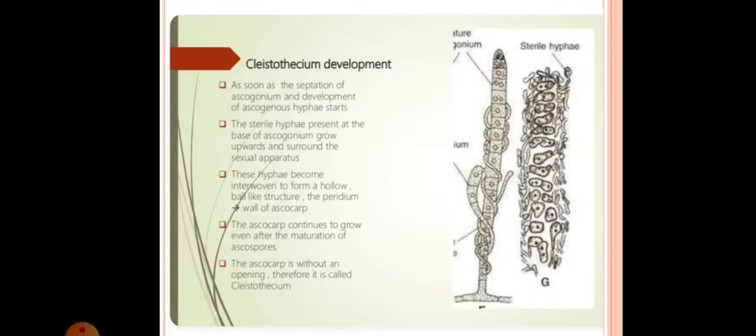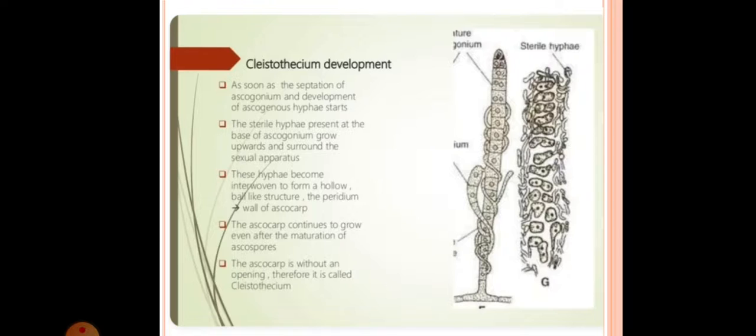The next is cleistothecium development. So here you can see the picture of the cleistothecium. This one is developing, not a completely developed one. As soon as the separation of the ascogonium and development of ascogonial hyphae starts, the sterile hyphae present at the base of the ascogonium grow upward and surround the sexual apparatus.